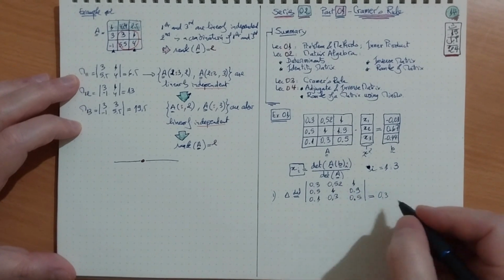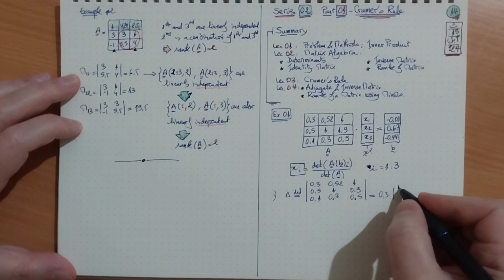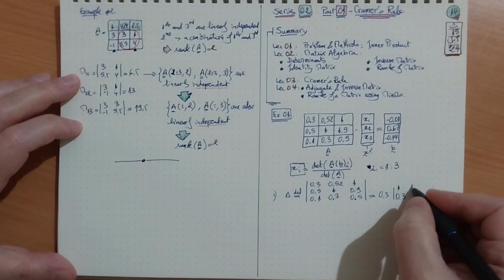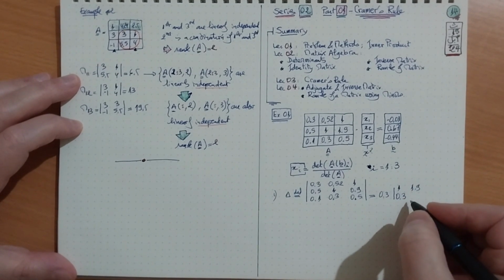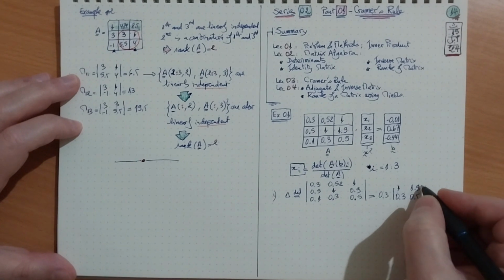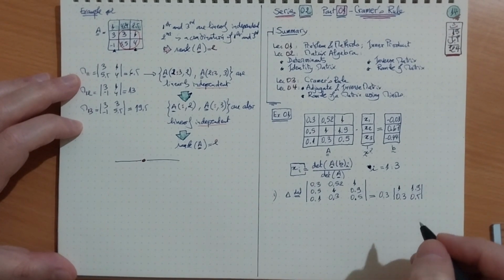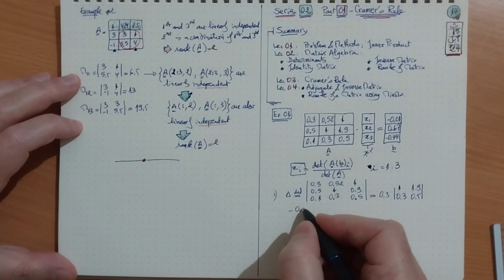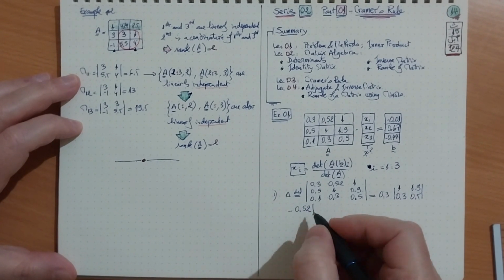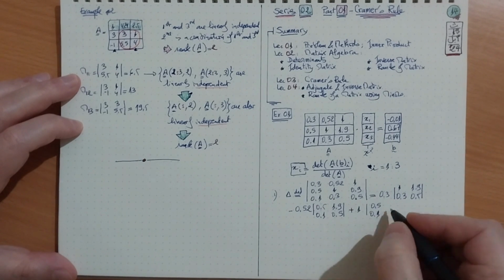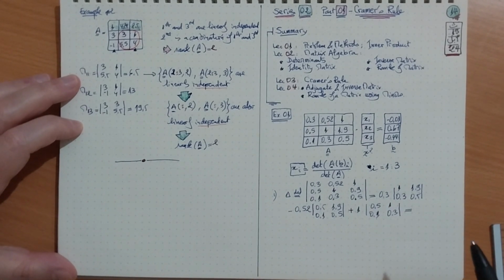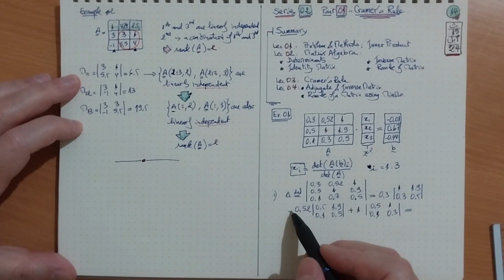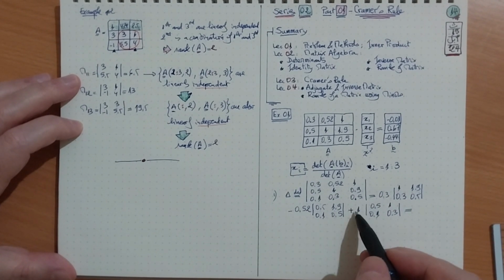So we get 1. So for the first element, we have a sign plus, then the second element minus, and then plus.